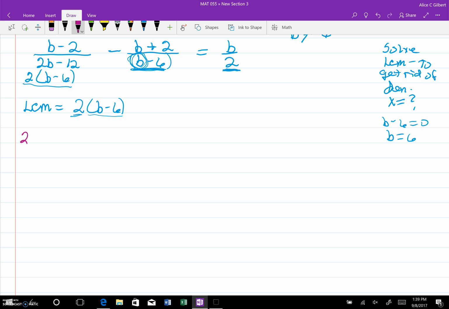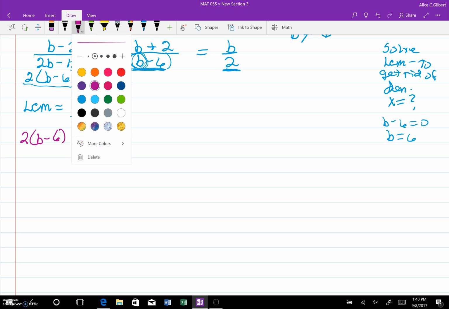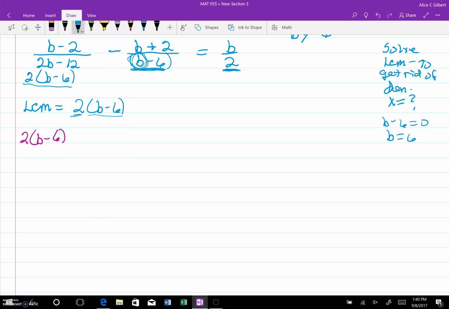So the first thing I'm going to do is write my LCM, and then I multiply it, hence the M for multiply, with the first term. Again, keep your denominator in factored form.